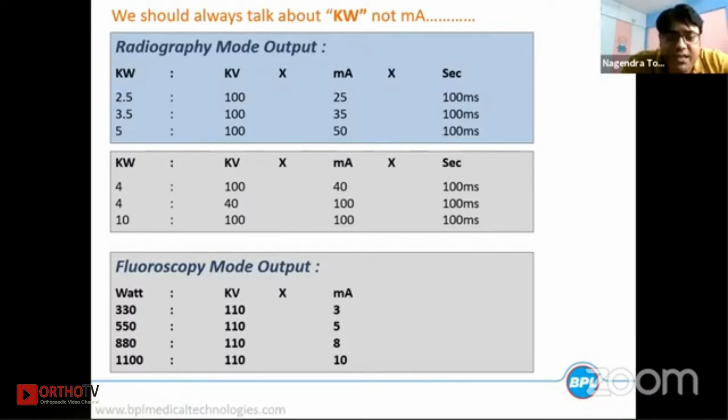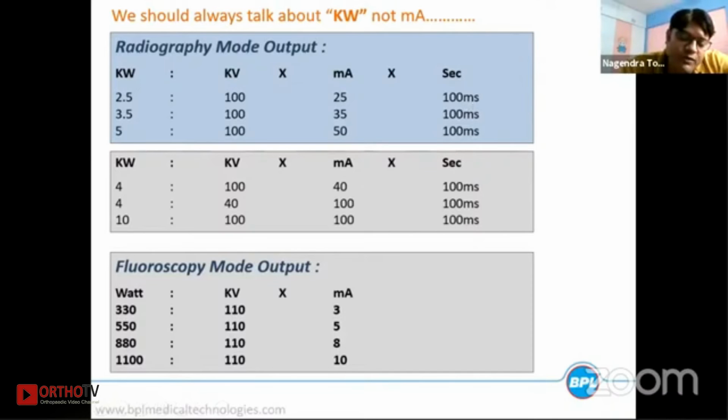As you know, we don't use radiography nowadays in C-arms, because our memories are digital and we have multiple operating modes in fluoroscopy. But see the example: if you are going for 2.5 kilowatt, it means that at 100 kV, it will generate 25 mA for 100 milliseconds. So that defines the maximum output.